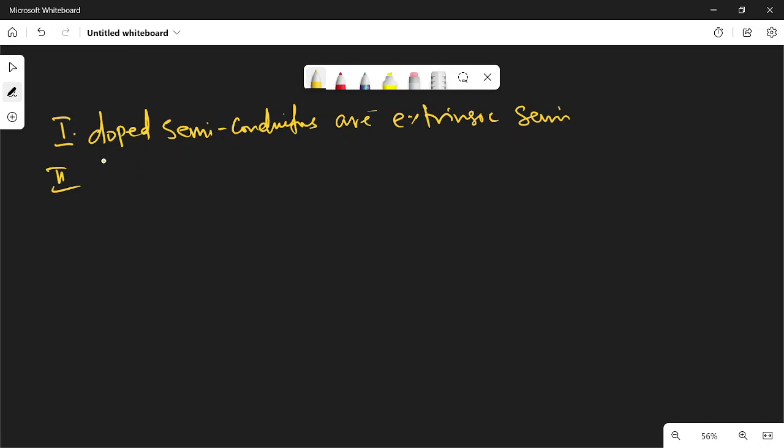Roman figure 2, germanium can be used as an intrinsic semiconductor.